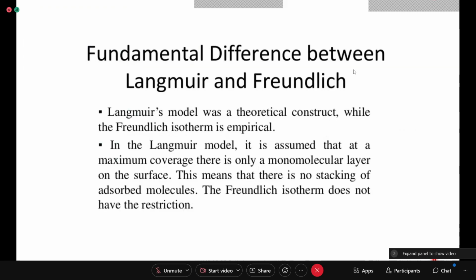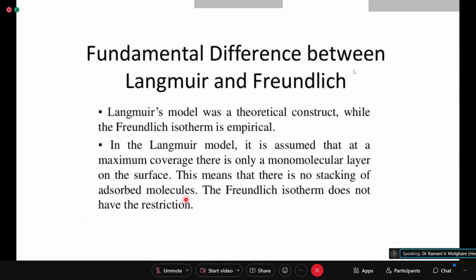Okay. So the fundamental difference between Langmuir and Freundlich is that the Langmuir model was a theoretical construct while Freundlich was empirical. In the Langmuir model, it is assumed that at maximum coverage, there is only a monomolecular layer on the surface. This means that there is no stacking of adsorbed molecules.